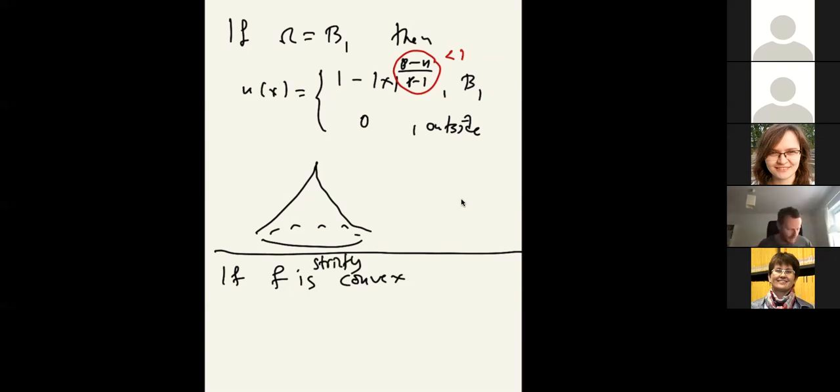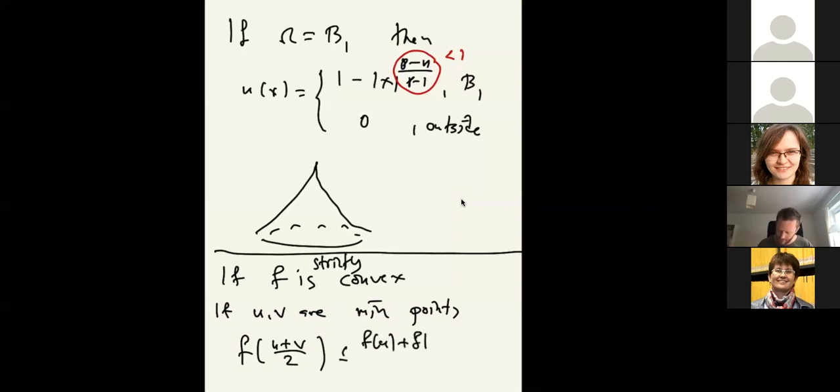So what is the idea? Well, the idea is that if you have two minimum points, then you just apply the convexity, and you can see that f evaluated at (u plus v) over 2 is less than the mean of f of u plus f of v over 2.